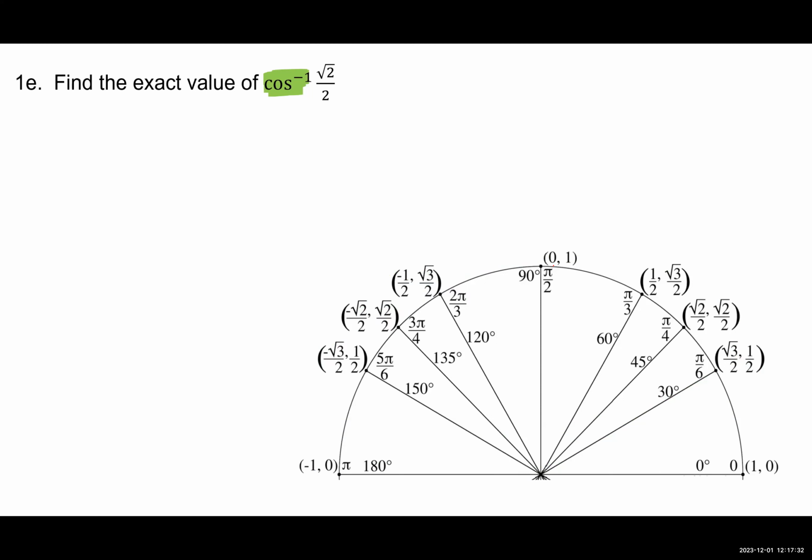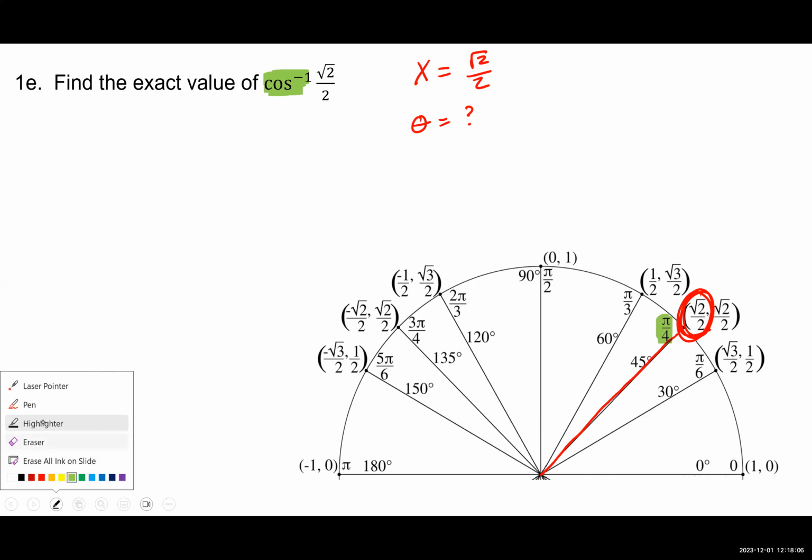Remember, cosine goes with x, sine goes with y. So we're talking about cosine inverse. So x equals √2/2, theta equals question mark. That's what we're doing. Right? So there's an x value of positive √2/2. So our angle is pi over 4.